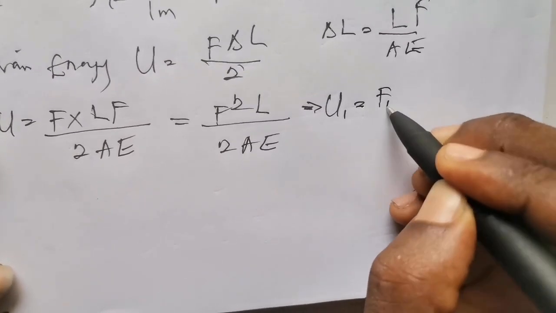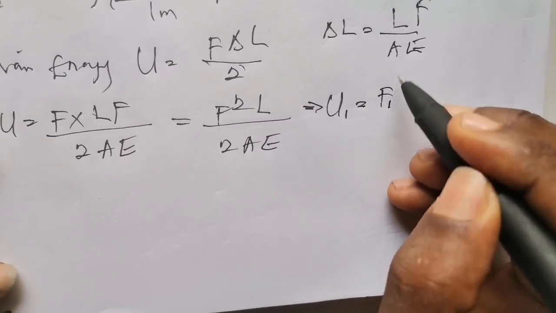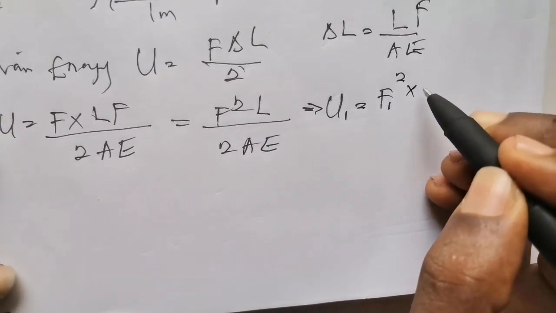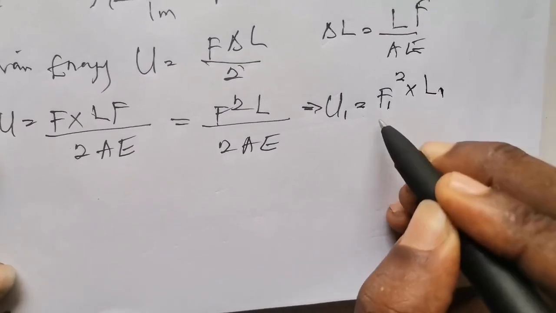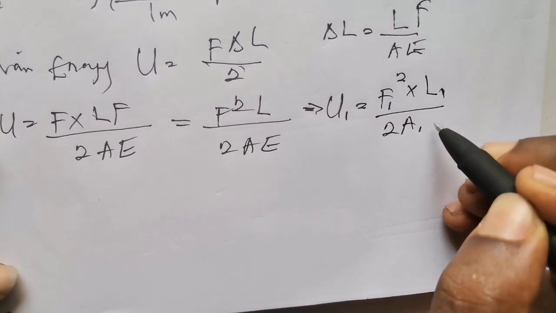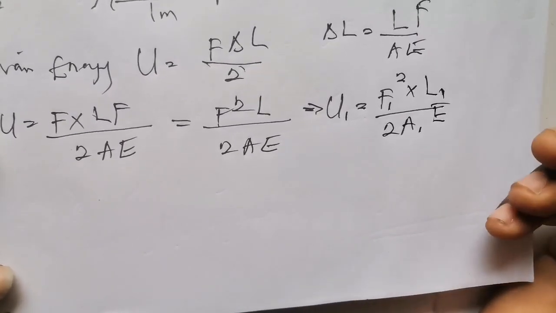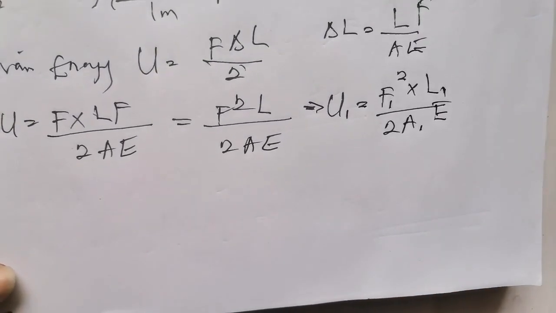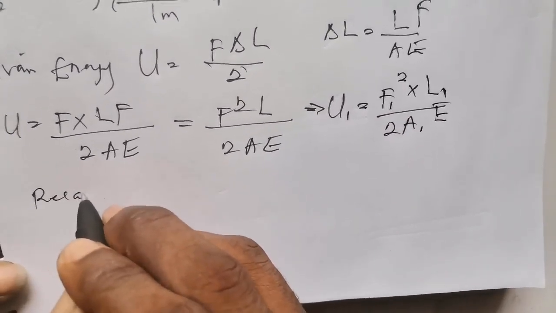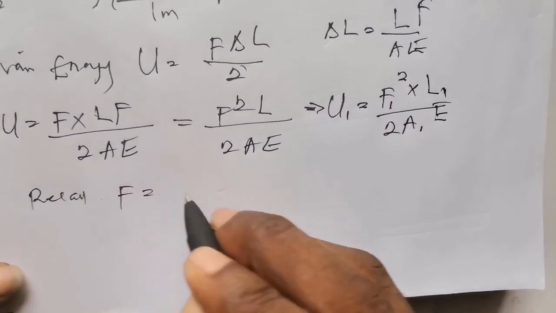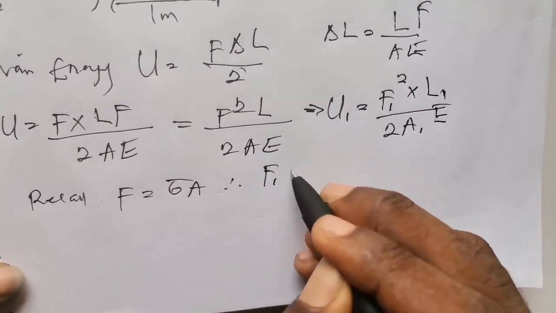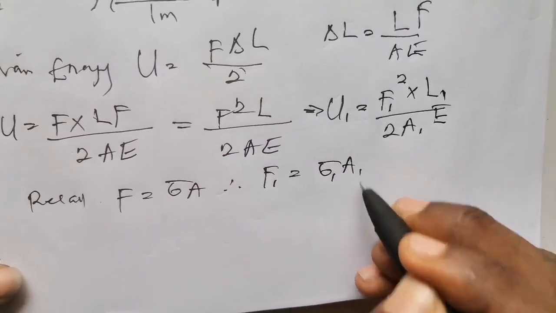The first force F1 all squared multiplied by the first length, all over 2 times the first area A1 multiplied by Young's modulus. But Young's modulus is actually a constant, so it doesn't change. But then, what is force? Recall again that force is simply stress times area. So this simply means force 1 becomes stress 1 times area 1.